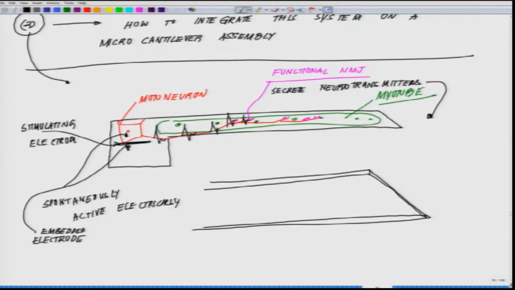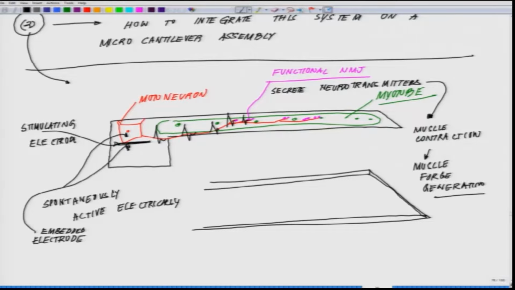That neurotransmitter secretion will lead to muscle contraction, and further lead to muscle force generation.